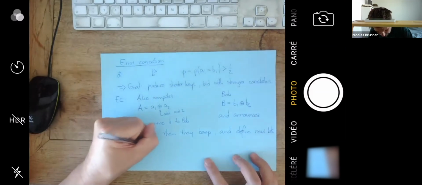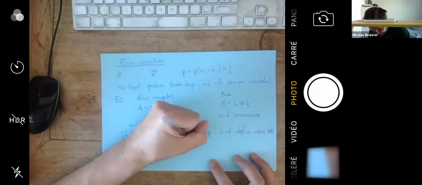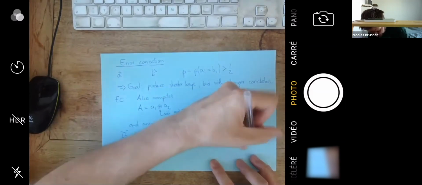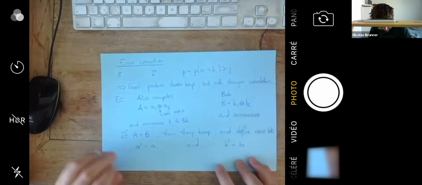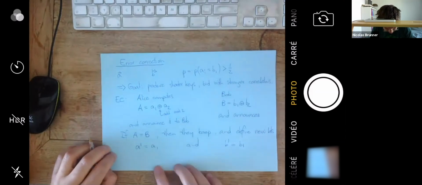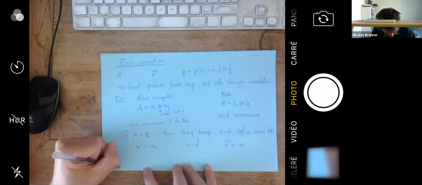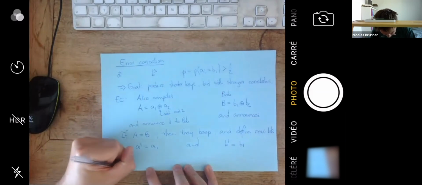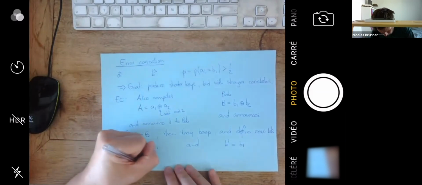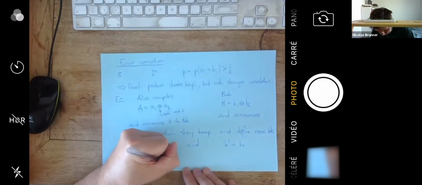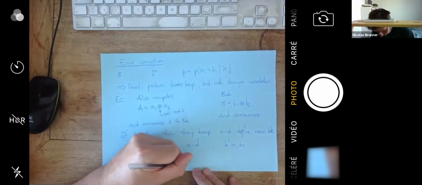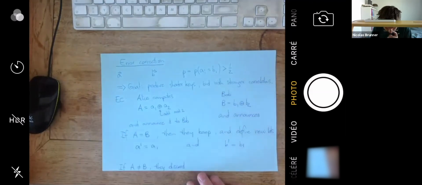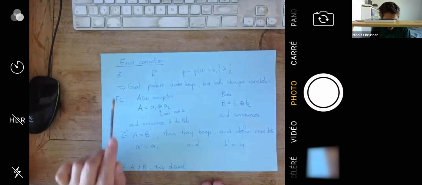A prime will be A1, and B prime equal to B1. Now, if A is different from B, they discard. This is when it doesn't work. They just throw these bits away, and then they go to the next.